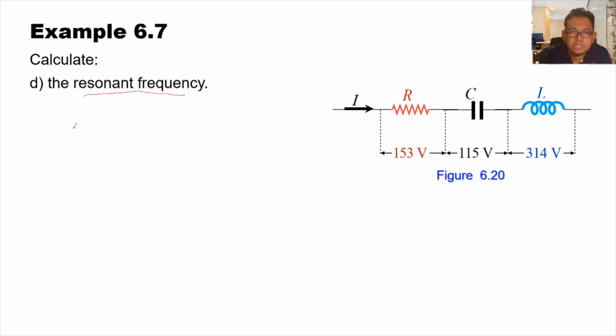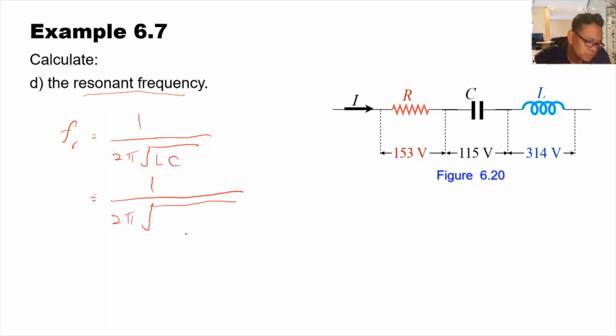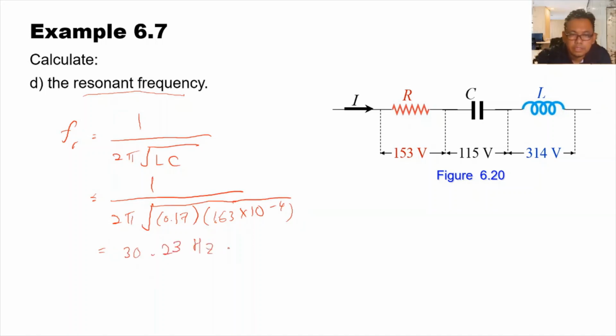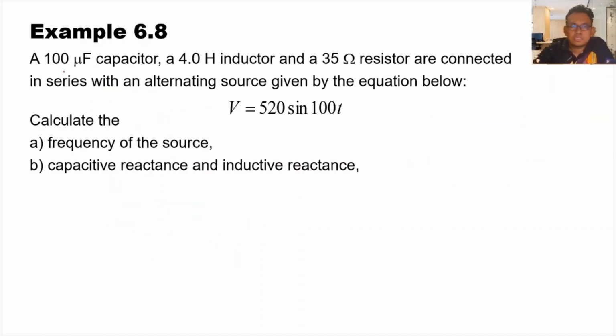Resonance frequency is given by this formula: 1 divided by 2 pi times the square root of inductance times capacitance, and we just substitute all the values that we calculated in the previous question: 0.17, 1.63, 10 to the power of negative, and the answer is 30.23 Hz. 6.8, 100 microfarad.